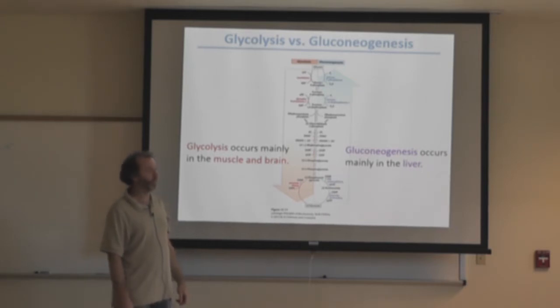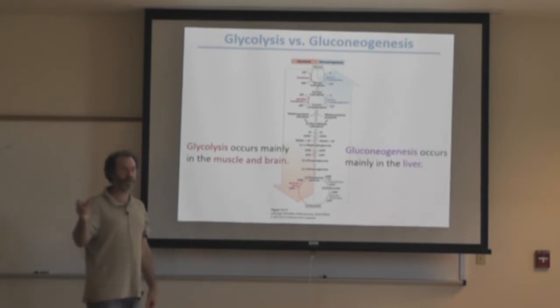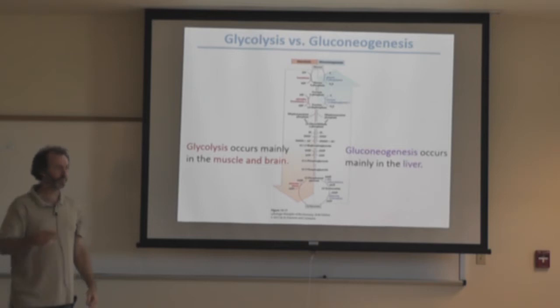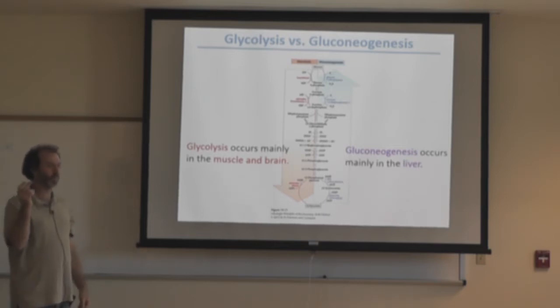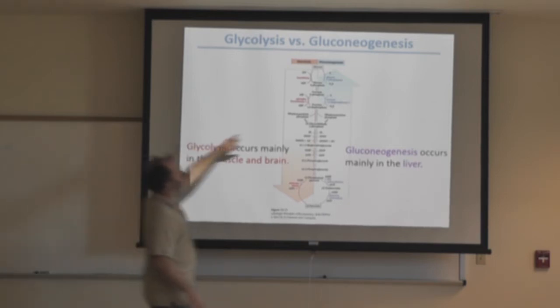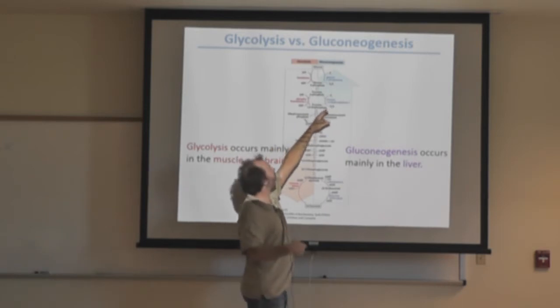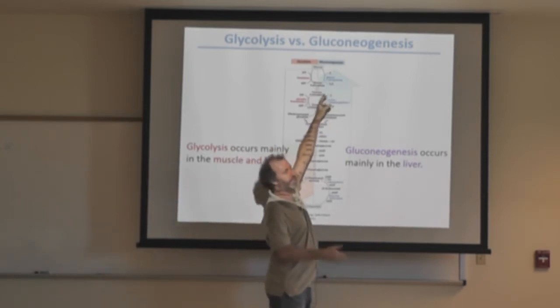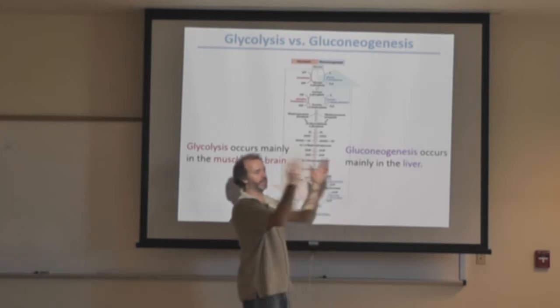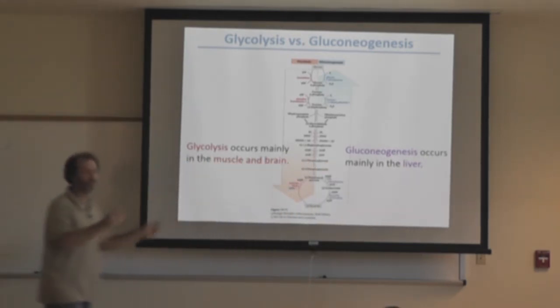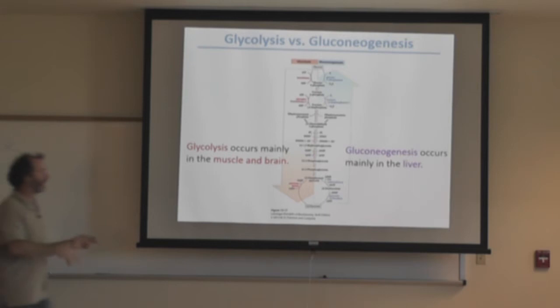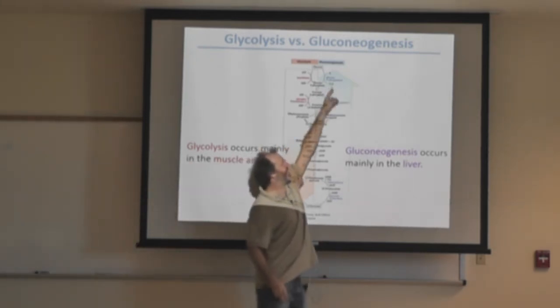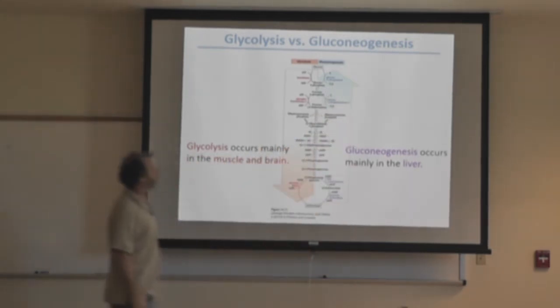They remove phosphates. There's protein phosphatase 1, which removes phosphates from proteins. Glucose 6-phosphatase removes that phosphate from glucose 6-phosphate, making glucose, and that glucose can then be released into the bloodstream as free glucose for transport around the body. So that's why you see this in the liver. The kidney has some glucose 6-phosphatase activity also, but it's mainly in the liver.